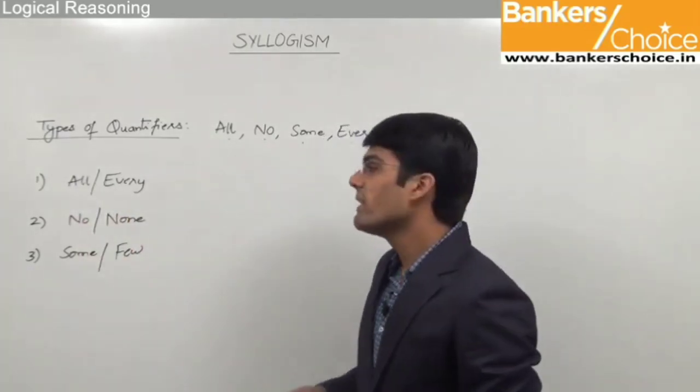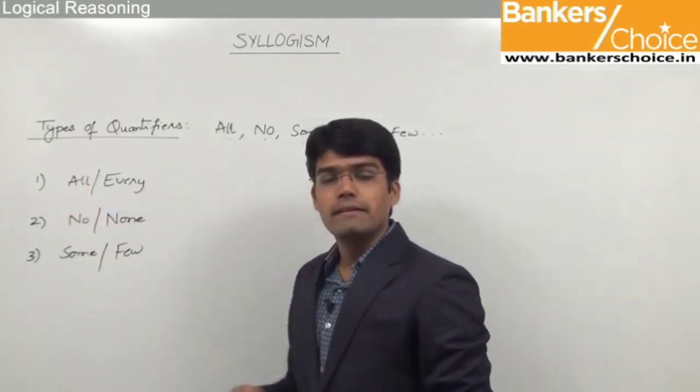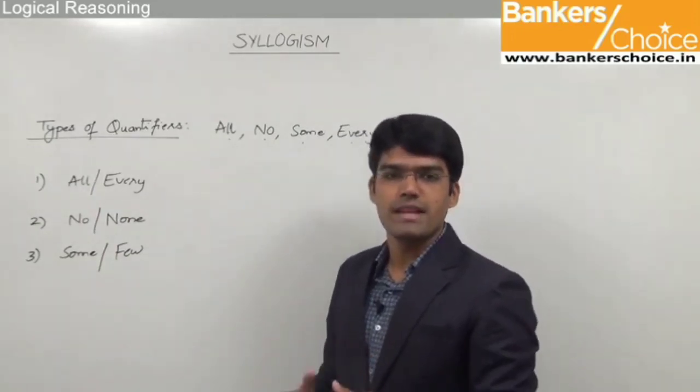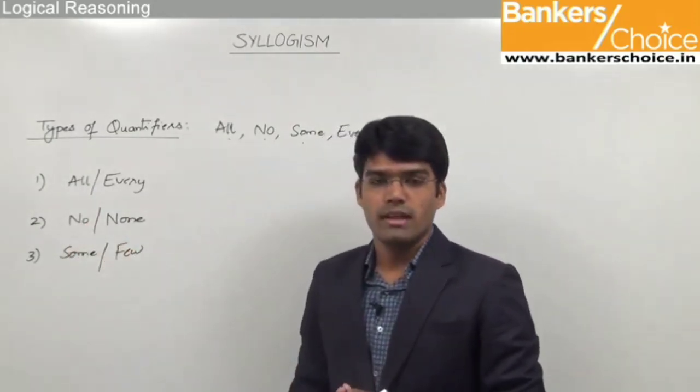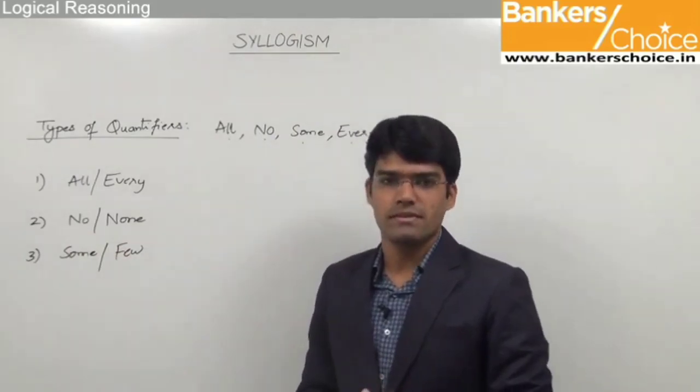Now whenever we use the term all, it refers to all the objects in the given set. Similarly, whenever we use the term no, it again refers to all the objects of the given set.